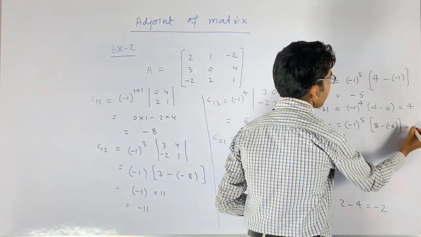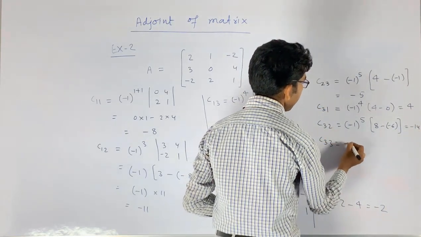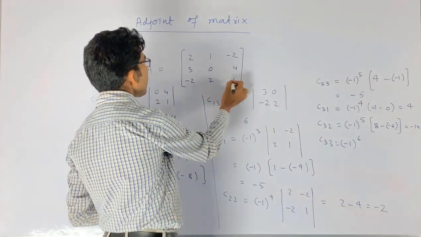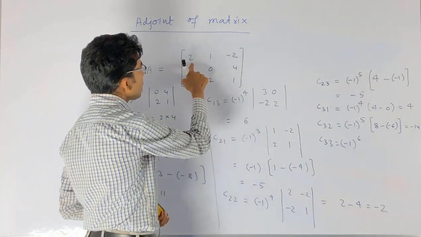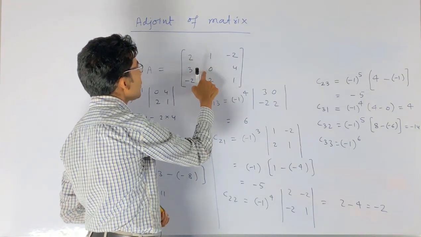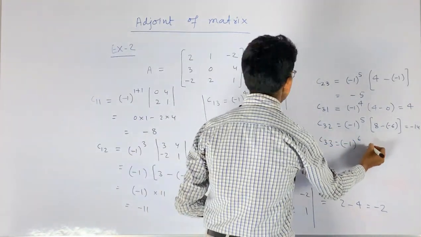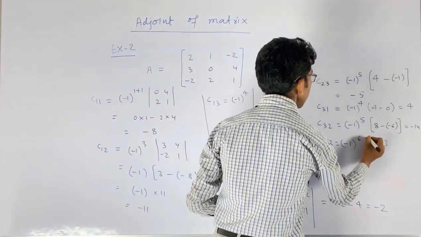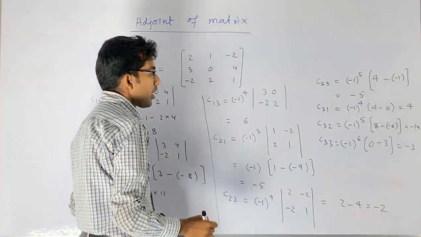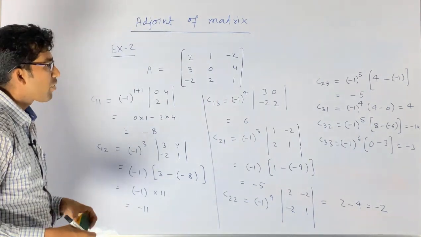So this is equal to minus 14. C33, minus 1 to the power 6. So, delete the third row and third column. We will remain with 2, 3 and 1, 0. So, 2 into 0, 0 minus 3. So this is equal to minus 3. So finally, we calculated all the cofactors.